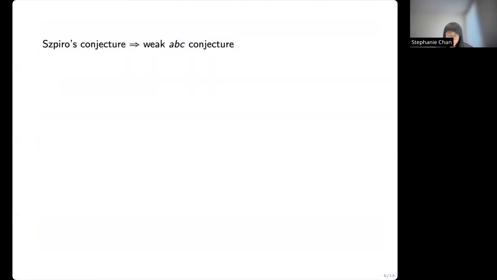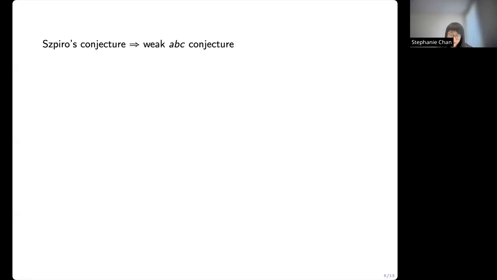Just to put it a little bit more formally, Szpiro's conjecture implies a weak version of the ABC conjecture. By weak, I mean that you replace the exponent 1 in the inequality with something a little bit bigger.